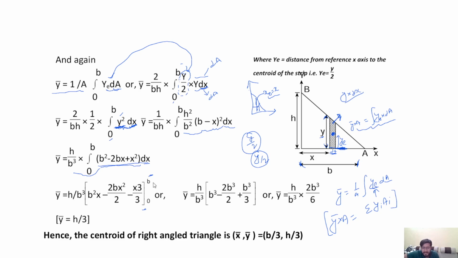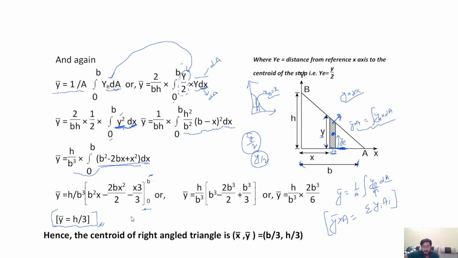By putting in this upper limit and lower limit value, we can calculate y bar, that is equal to h by 3. This is the centroidal y distance of this right angle triangle, which is h by 3.